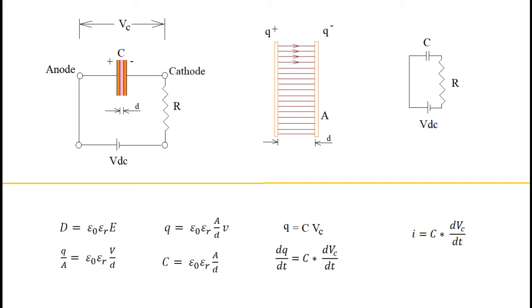These two parameters, electric field intensity E and charge density D, are related to each other through permittivity of dielectric medium. Permittivity of dielectric medium is represented by letter epsilon and is product of epsilon 0 and epsilon r. The equation for such a relation is shown on slide.